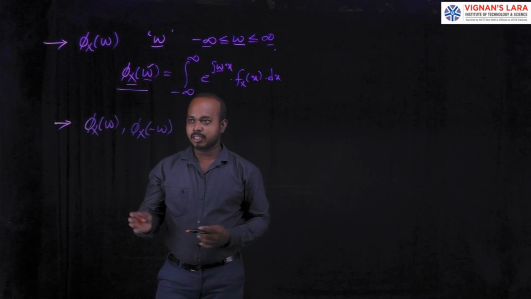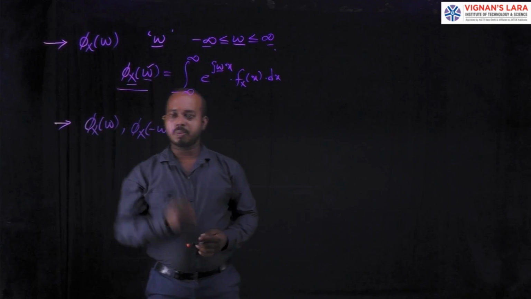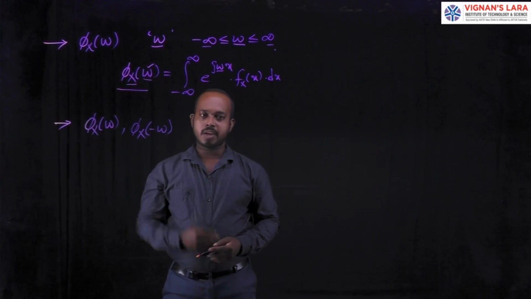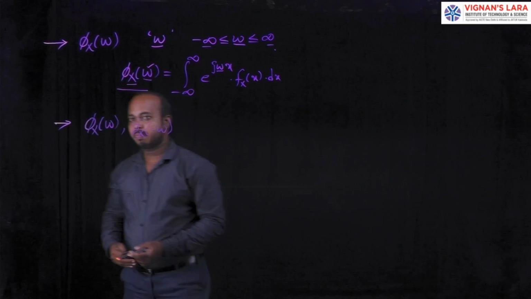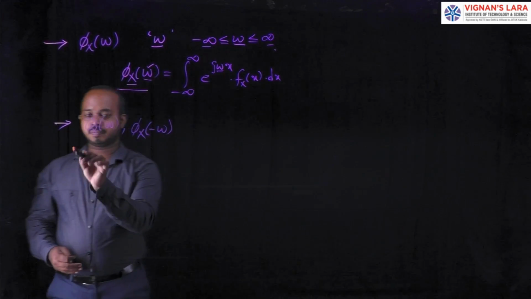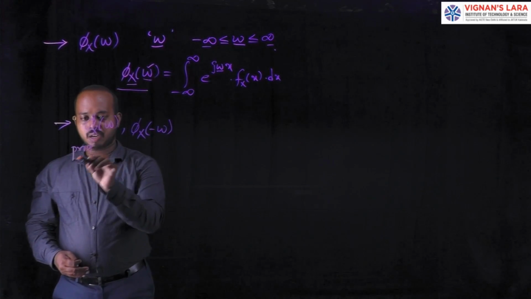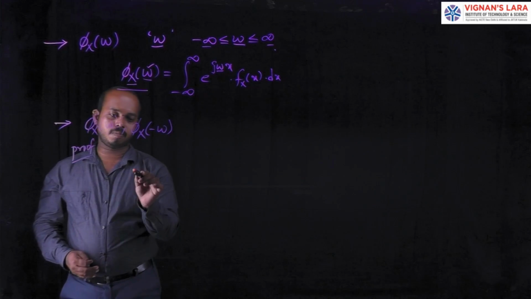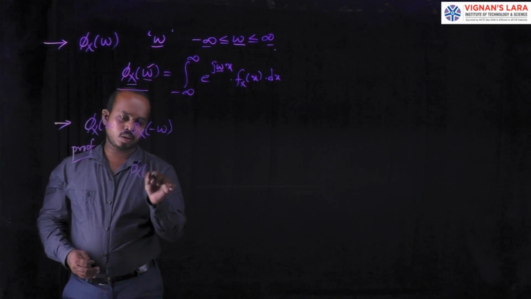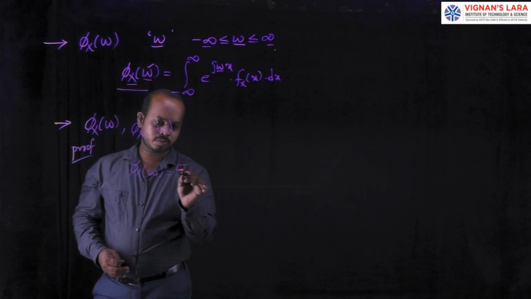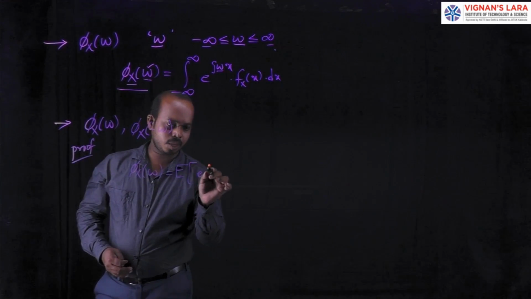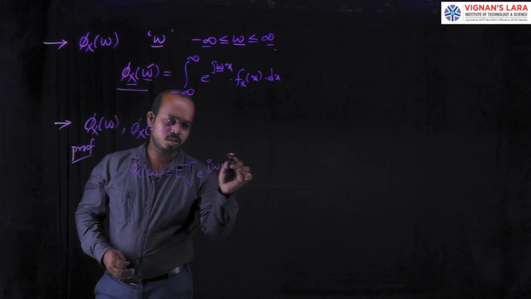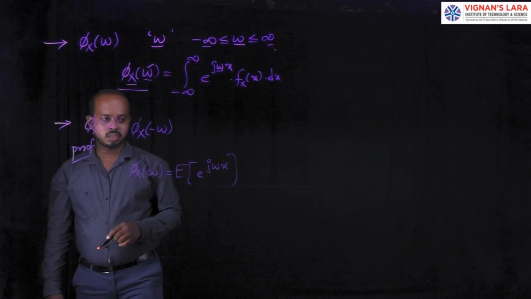First of all, write the formula of phi x of omega and the formula of phi x of minus omega. We can prove this property by taking the fundamental definition of phi x of omega. We write phi x of omega in terms of expectation: the expectation of e power j omega x.